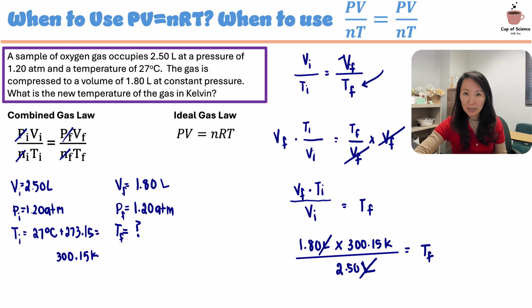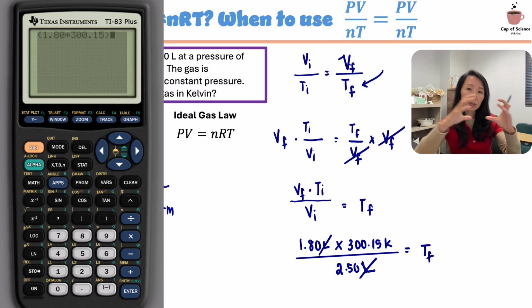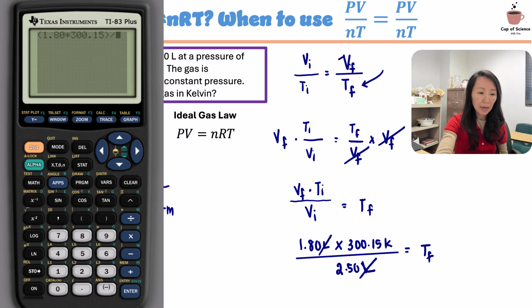Let's go ahead and grab our calculator. So we have 1.80 multiplied by 300.15. Okay, and I'm going to close the parentheses to let the calculator know that's everything that's on top, divided by 2.50.